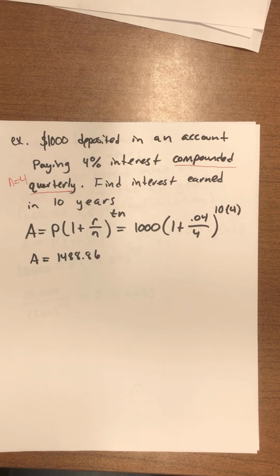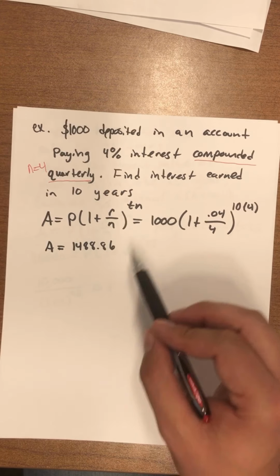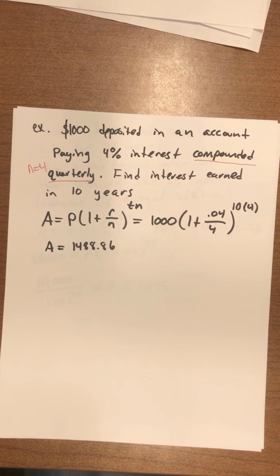So we're not graphing the function, we are simply using the formula to compute this exact scenario where r is 0.04, t is 10, and n is 4. So substitute those into the formula, carefully type that into your calculator, and you're going to get approximately $1,488.86.